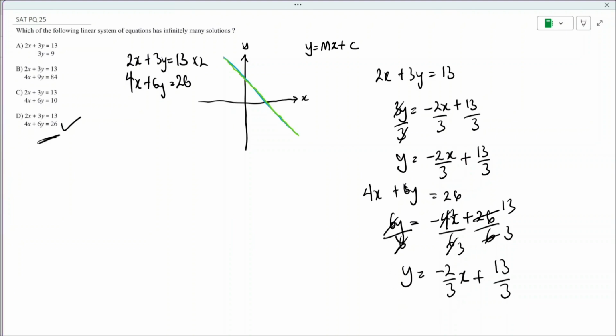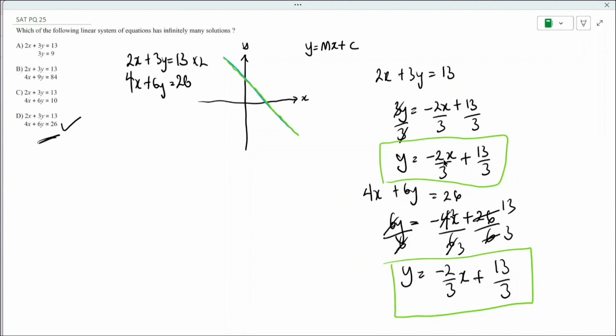Now, if you look at both equation 1 in the form that shows both the gradient and the y-intercept, and equation 2 that shows both the gradient and the y-intercept, you see that they are the same. Initially, they were not looking the same, but now they are the same. Let's mark them out. This is equation 1, and this is equation 2. You can see they both have the same gradient.